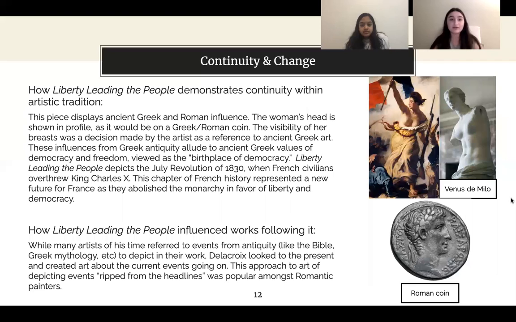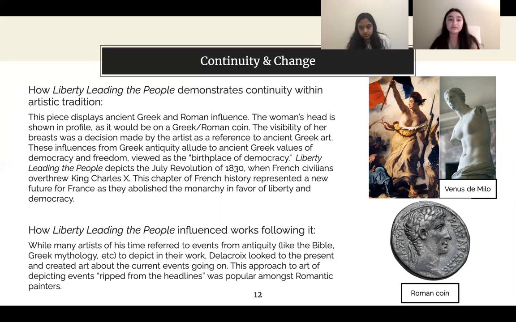So I think how Liberty Leading the People demonstrates continuity within artistic tradition is that it displays ancient Greek and Roman influence. The woman's head is shown in profile as it would be on a Greek or Roman coin depicting a ruler. The visibility of her breast was a decision made by the artist as a reference to ancient Greek art.